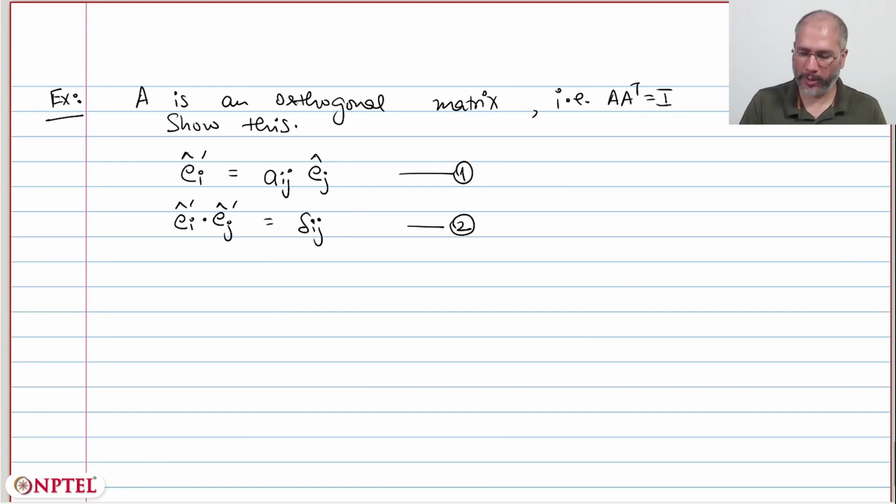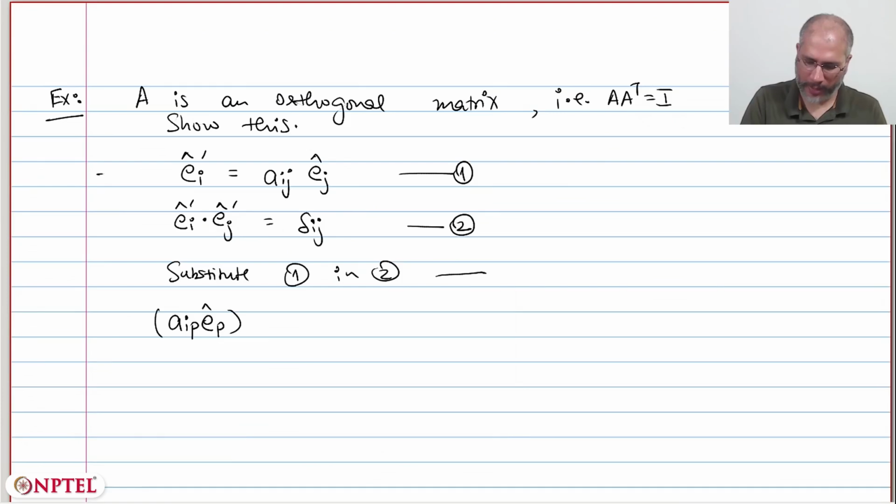So if I substitute 1 in 2, for ei prime in the expression 2, we'll replace that using the first expression. So this becomes Aip ep. Remember, I cannot use a j on the right hand side because j is already used in the expression number 2.